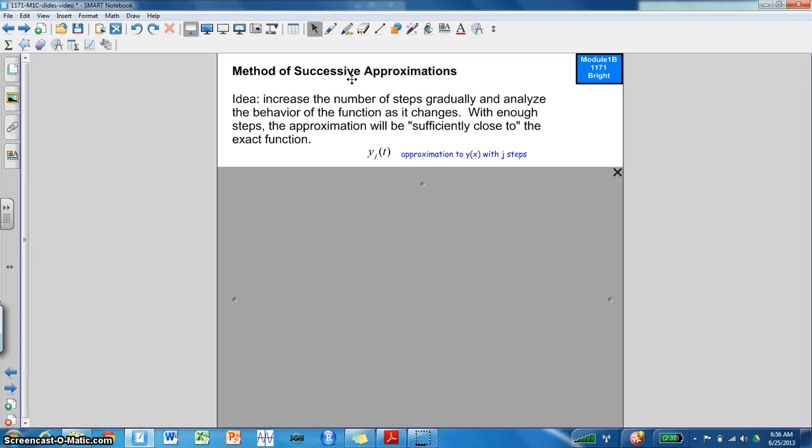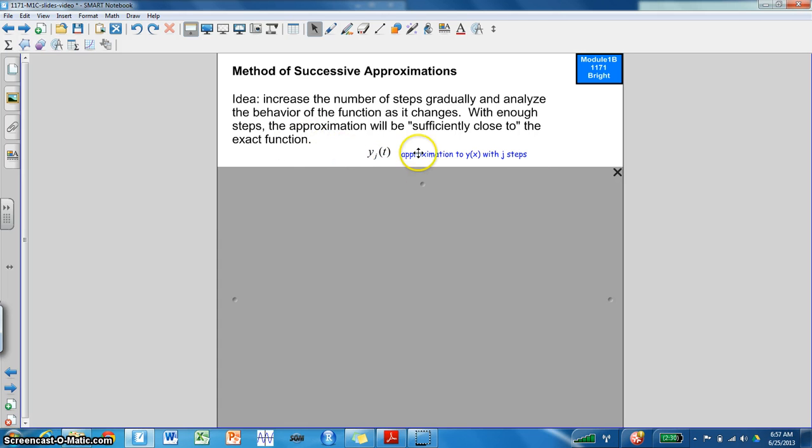And by sufficiently close, that means that it looks almost identical from just a first glance. Again, there may be variation from the actual function, but at a certain point, the approximation is good enough to be exact.